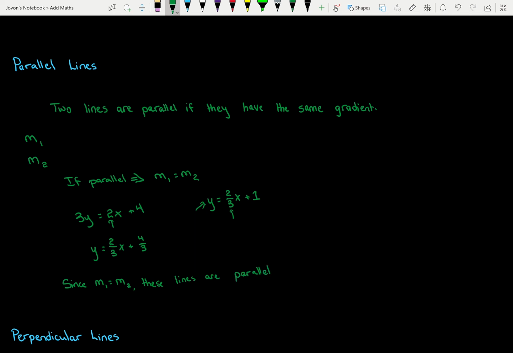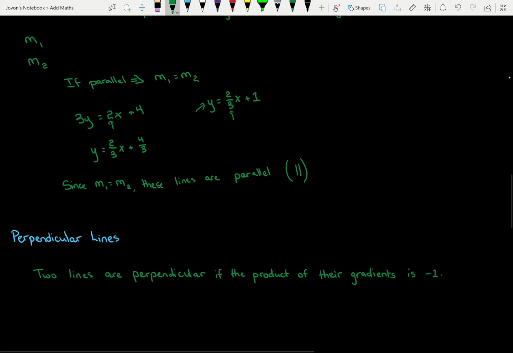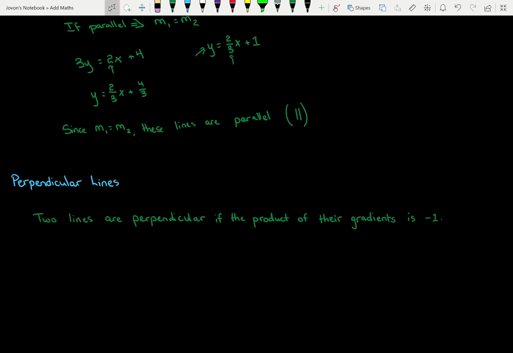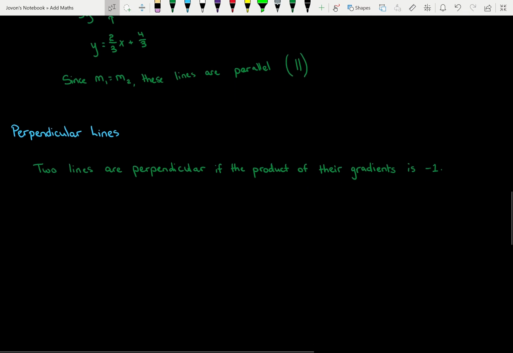If you want to represent parallel lines also, we sometimes use this symbol, basically two straight strokes. And that's how we represent parallel lines. The next topic we have is perpendicular lines. Two lines are perpendicular if the product of their gradients is -1.